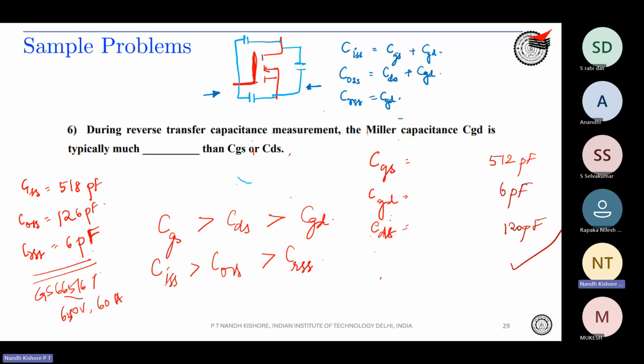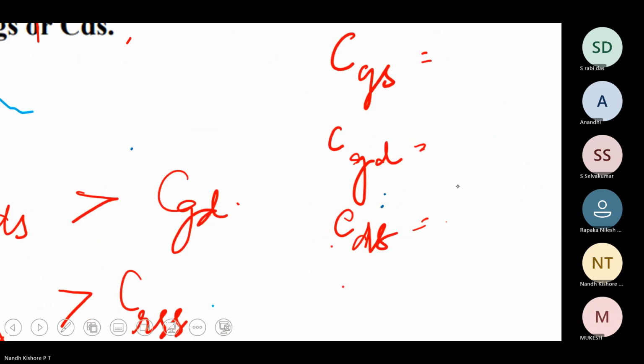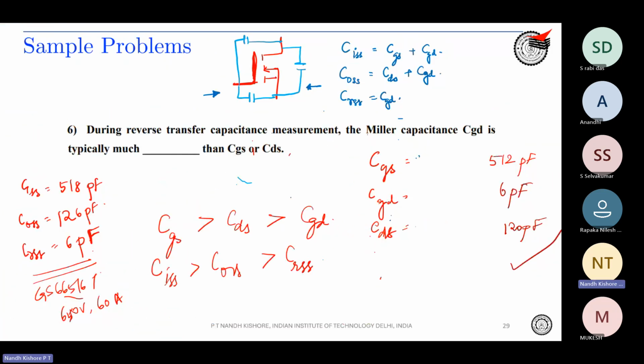So from this you can tell that CGS is going to be CISS minus CGD. And CGD is basically CRSS, and CDS is going to be COSS minus CGD.